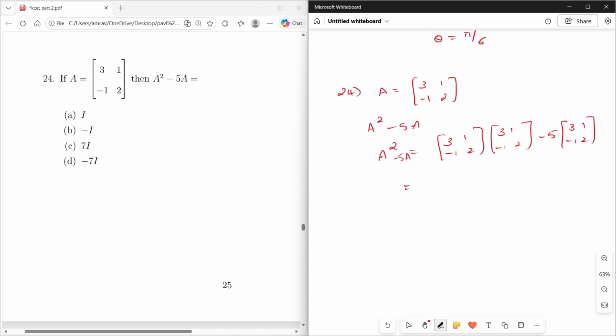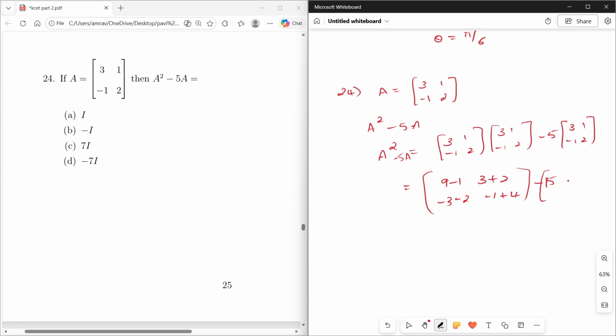Okay, now A square, just multiply: 3 3s are 9, 1 into minus 1 is minus 1, so 9 minus 1; 3 1s are 3, 1 2s are 2, so 3 plus 2; minus 1 into 3 is minus 3, 2 into minus 1 is minus 2; minus 1 into 1 is minus 1, 2 2s are 4, plus 4. This is equal to minus 5 into, 5 3s are 15.